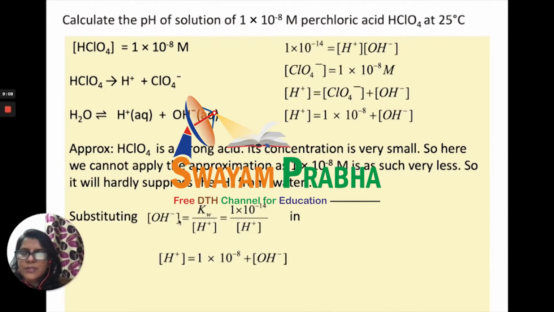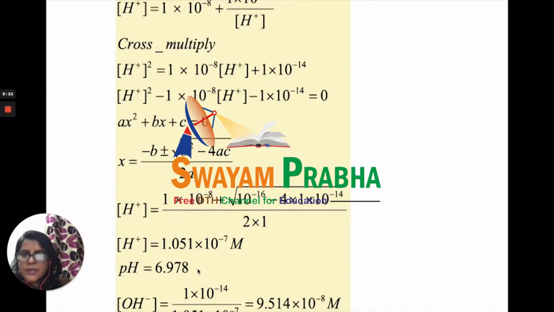Substituting for OH-, so we get OH- is equal to Kw upon H+. Kw is 1 × 10^-14 upon H+. In the expression for H+, H+ is equal to 1 × 10^-8 molar plus OH-. Right? This is the expression that we've got from here. Now let us substitute.